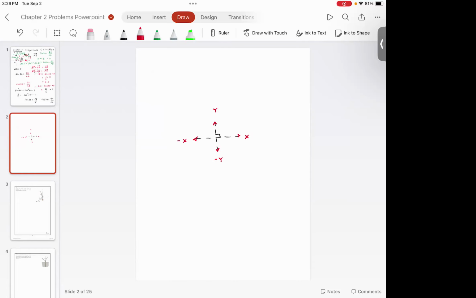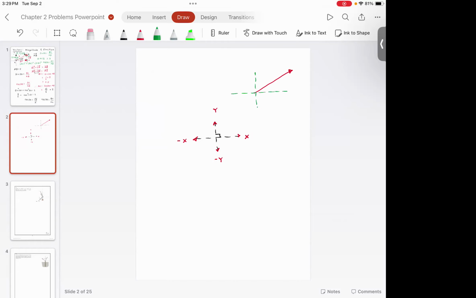Now, one important thing, whenever you see a vector, no matter where the vector is, visualize this coordinate system and place it at the tip of the vector. So for an example, if you have this vector, something like this, then what you do is you take this coordinate system and place it over here.